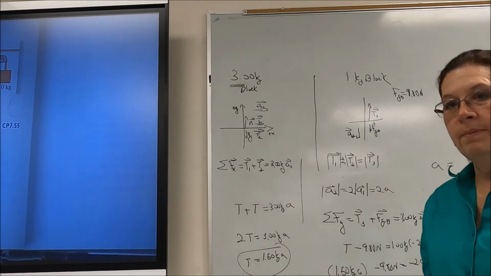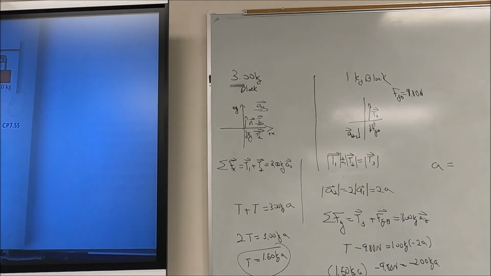So A is going to be 9.8 divided by 3.50. So I get A to be 2.80 meters per second squared.